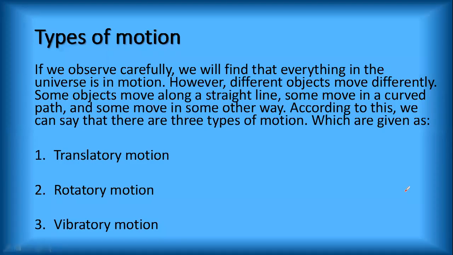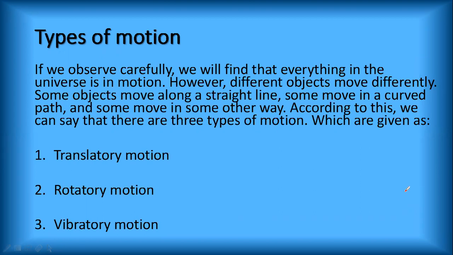Types of motion. If we observe carefully, we will find that everything in the universe is in motion. However, different objects move differently. Some objects move along a straight line, some move in a curved path, and some move in some other way. According to this, we can say that there are three types of motion: translatory, rotatory, vibratory motion.